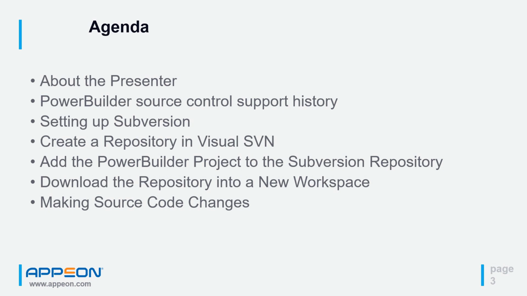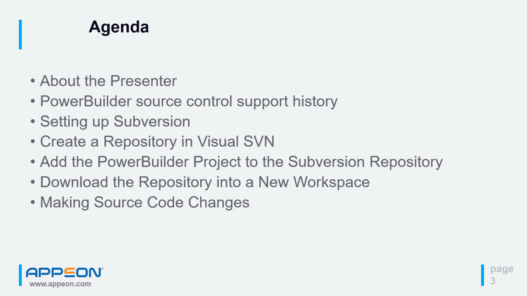A bit of an issue that we might encounter with source control systems like Subversion and Git is that it is possible for two developers to make changes to the same object at about the same time and end up with conflicting source code changes.